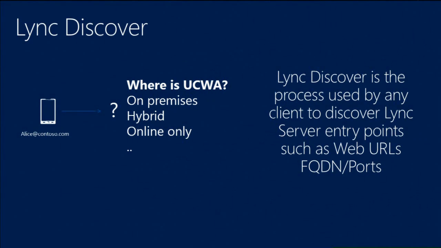It basically gives you back an XML file with the location of all of your services, like the UCWA server, but also your edge services, your local media edges, your Lync server pool name, all that stuff. And because we know that could be considered to be security sensitive, you have to authenticate to get this information. We're not just giving it away.